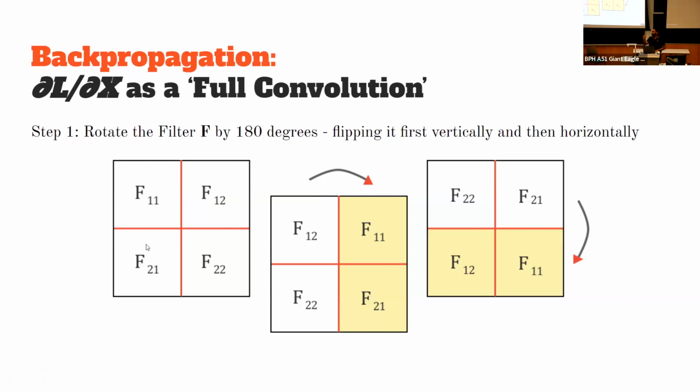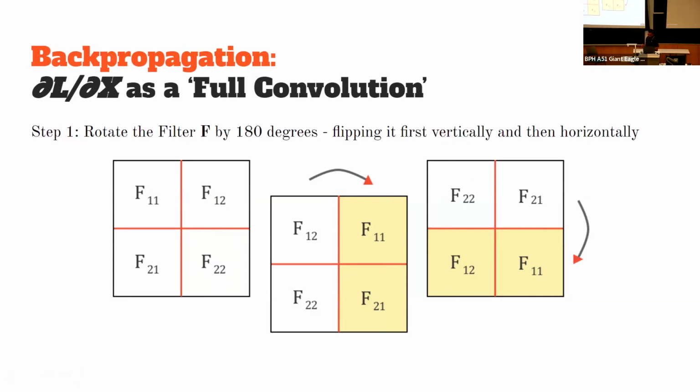So it's a flip vertically, and then I flip it horizontally to rotate this matrix by 180 degrees. You can also do it by flips. Doing it by flips makes it easier in NumPy, which is why we represent them as flips. So when you do the flip, you rotate the initial filter, and then we get this filter. Why we are doing this is something that you will probably identify in Monday's class.